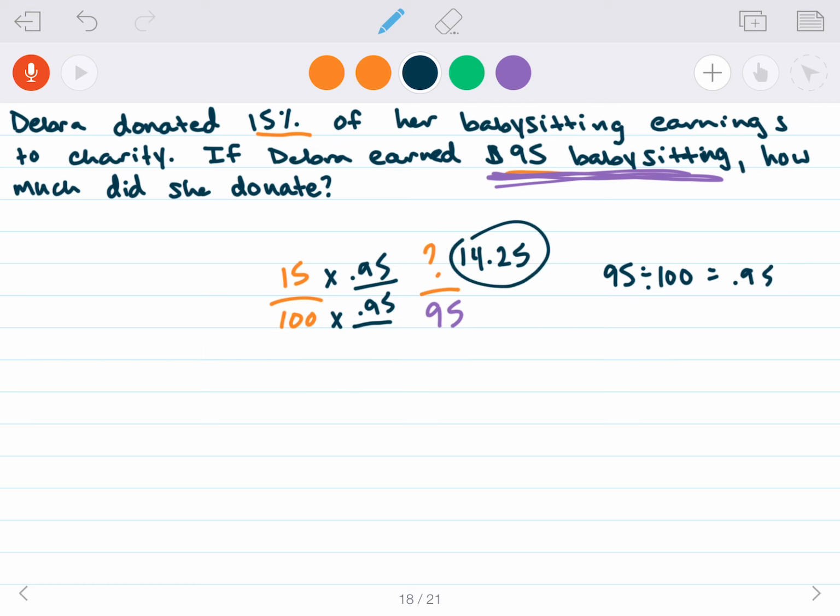So therefore, I'll do 3 dots to indicate therefore, she donated $14.25 to charity. That is 15% of her paycheck, of her whole $95 earned.